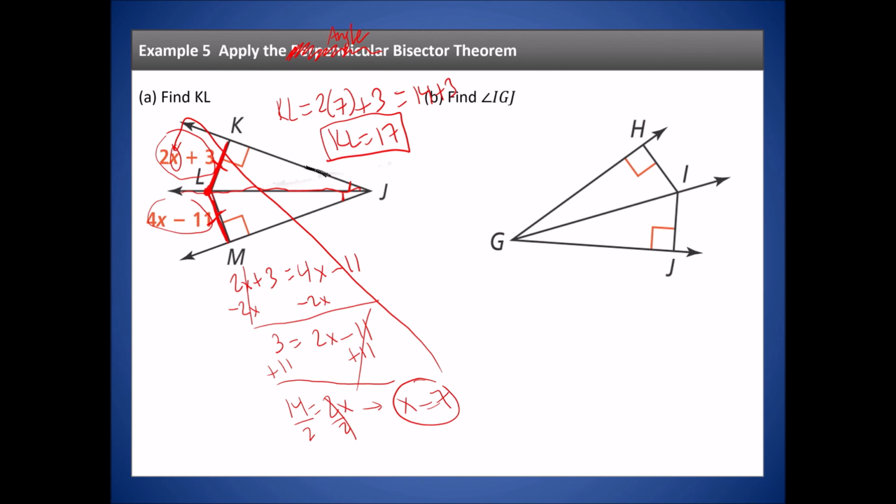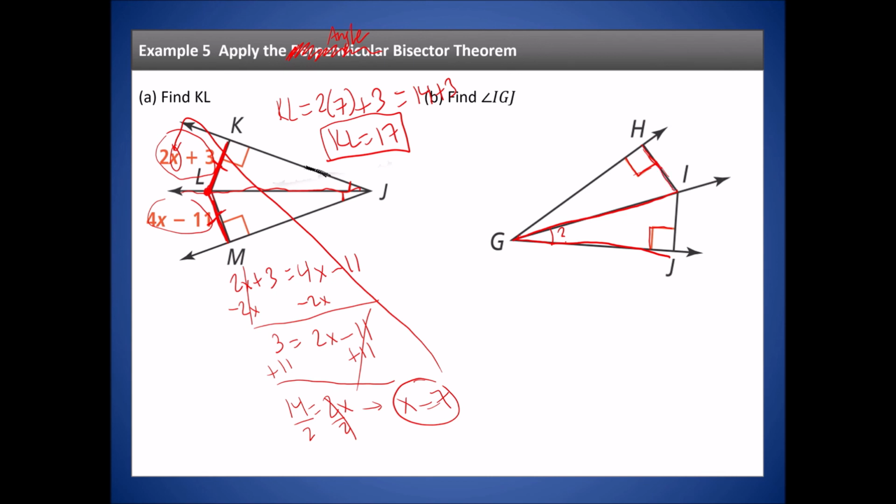All right, let's look at our next problem. We're looking for angle IGJ. Looking at this problem, we're looking for this angle here, I, G, and J. We know that this is perpendicular, and so this has to be a bisector, right?